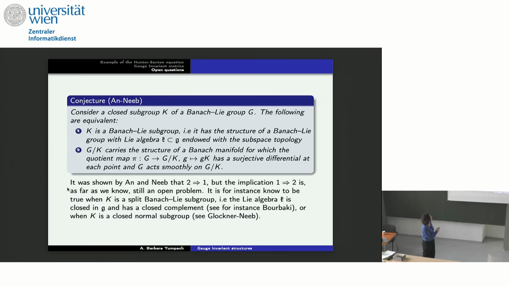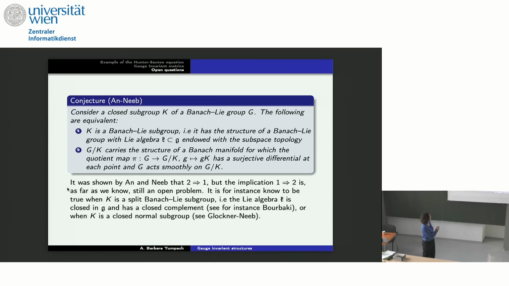You suppose that K is a closed subgroup of a Banach-Lie group G, in the Banach category. (1) K is a Banach-Lie subgroup, in the sense that K has the structure of a Banach-Lie group with Lie algebra continuously embedded into that of G with the subspace topology.